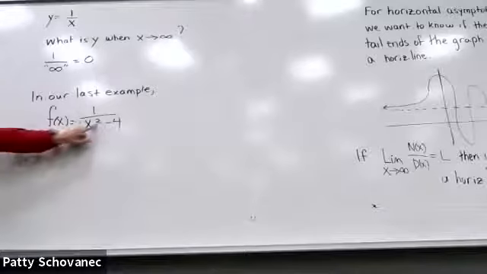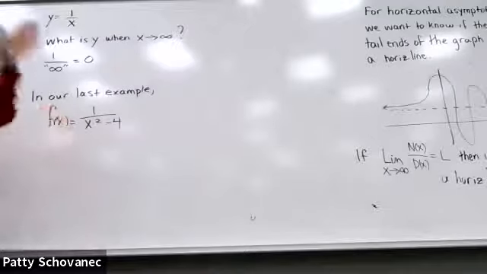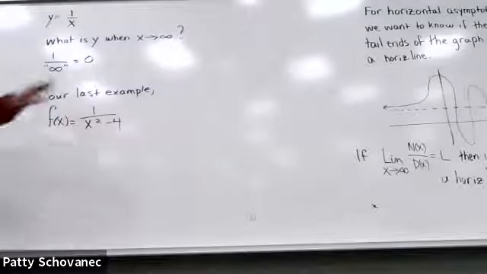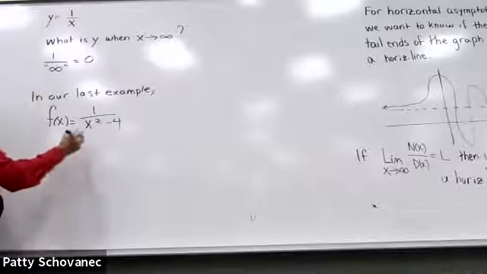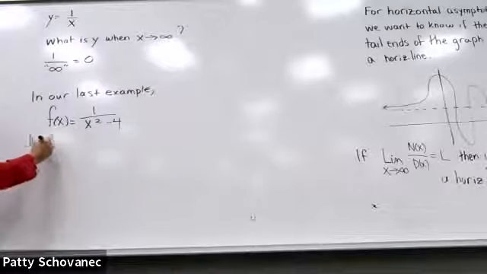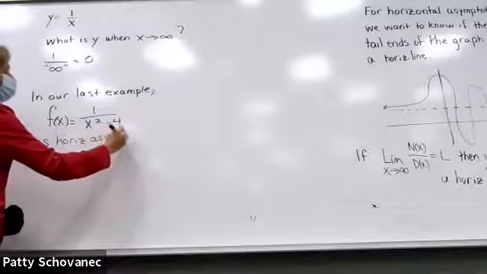Whether it's a big positive number or negative number, it doesn't matter because we're squaring it, which makes it even bigger. Subtracting 4 didn't put a dent in it. So this is behaving kind of like 1 over infinity. Agree? As a horizontal asymptote of y is equal to 0.